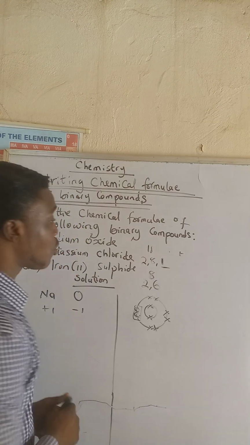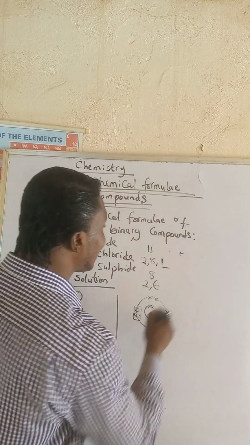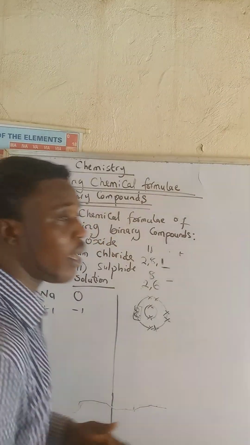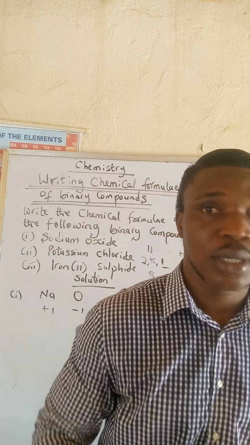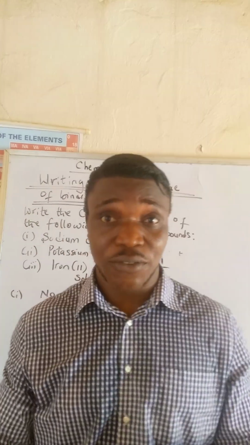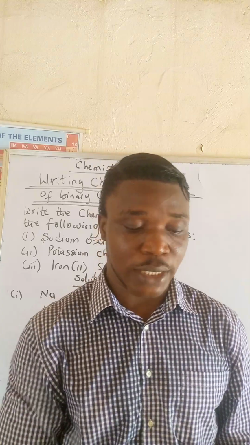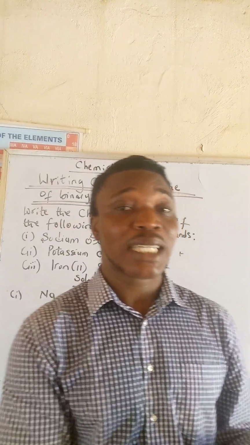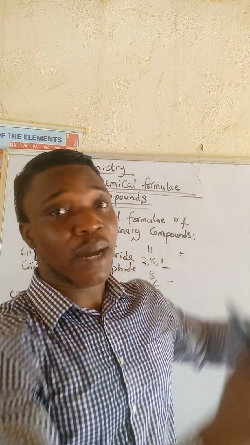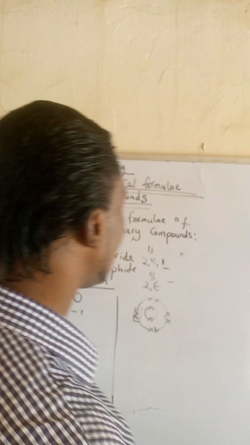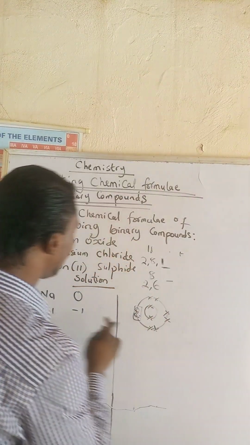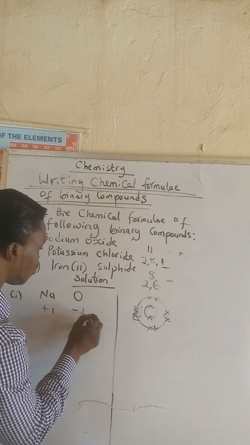So as it receives 2 electrons, it acquires a negative charge. Whenever elements are receiving electrons, they acquire a negative charge. Whenever they are giving out electrons, they acquire a positive charge. Elements can acquire a maximum of 3 electrons. They can give out a maximum of 3 electrons. Now, since oxygen is acquiring 2 electrons, its charge becomes -2.